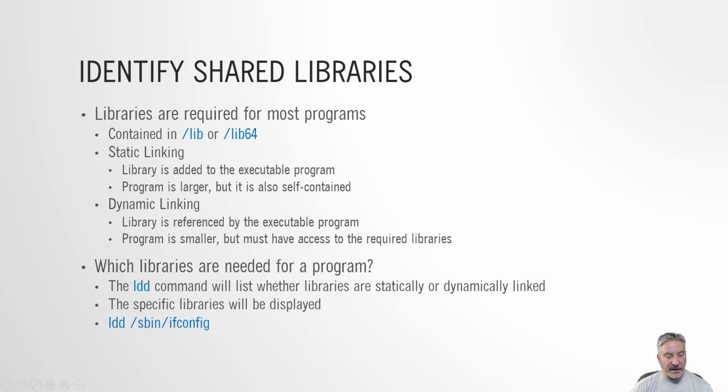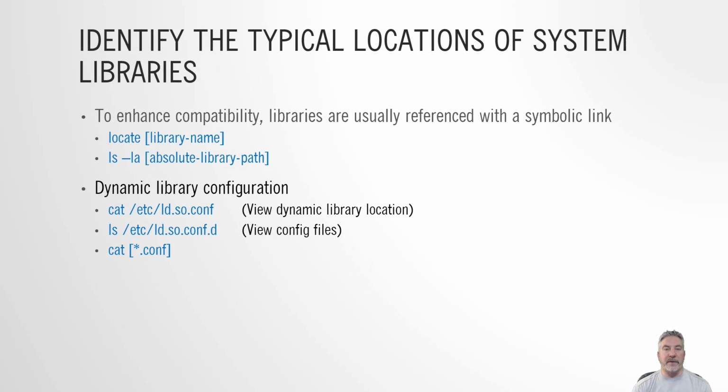Now, beyond the simple reference of which libraries are required by some binary program, we can also figure out where they're actually located. So there's a dynamic library configuration file, which we see here at ld.so.conf, and then there are configuration files underneath at ld.so.conf.d.